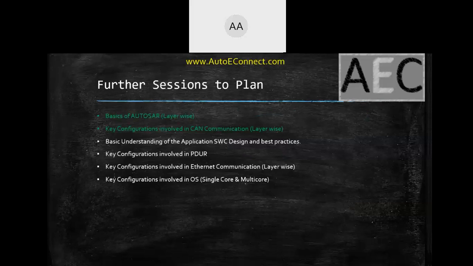And last time we covered the basics of AUTOSAR, and this week I have reduced the content to the maximum possible, because otherwise the session would be extended too much. But I have tried to cover almost all the parameters needed if you are trying to configure a CAN communication stack.